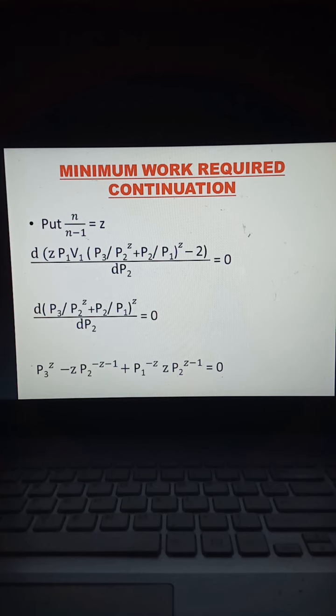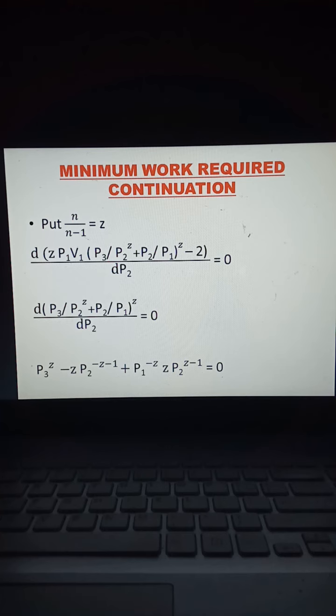Then plus, P2 raised to Z, and after differentiation I can put it as Z P2 raised to Z minus 1. And 1 divided by P1 raised to Z is constant, so I can write it as P1 raised to minus Z.